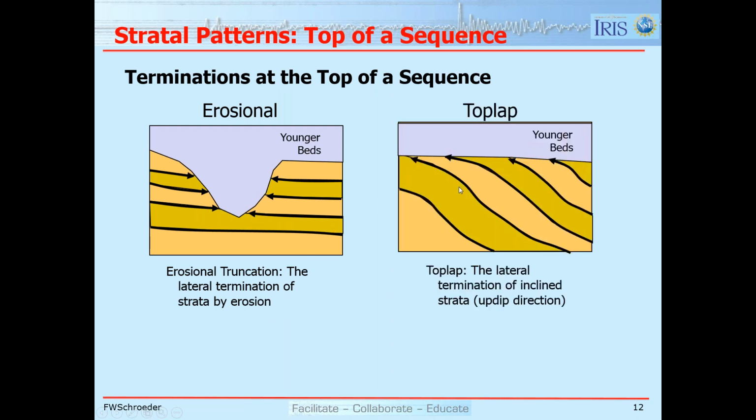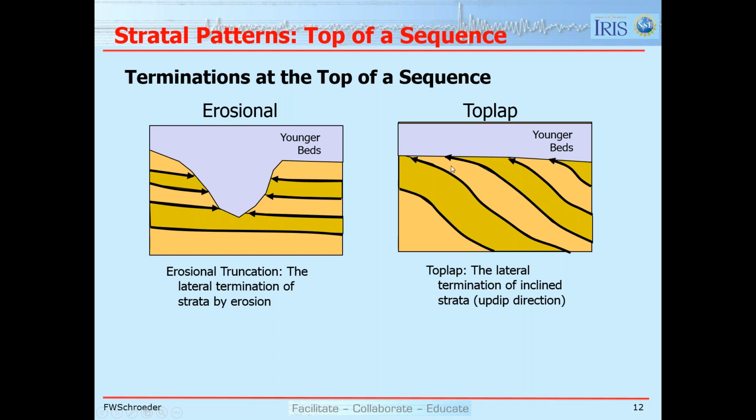The other thing I can have, if I have a big deltaic package, is units that build out basinward. The reflectors come up at a moderate angle and then they start to roll over and almost asymptotically approach a constant level. If I have this type of geometry, I call that toplap.